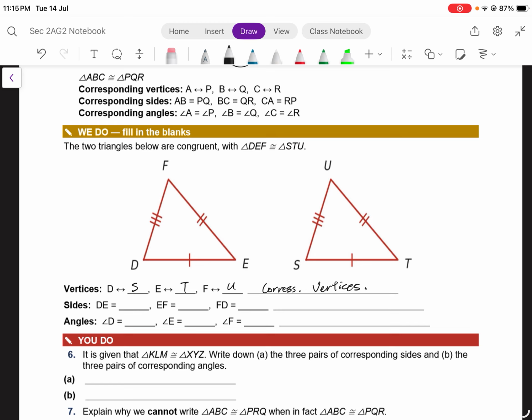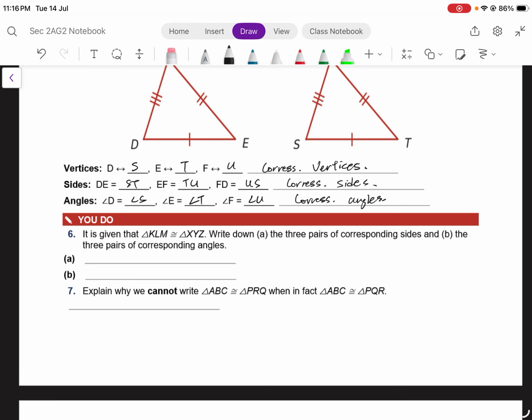Then corresponding sides, DE is to ST, EF is to TU, FD is to US. Corresponding sides. Okay, angles, D is to S, E is to T, F is to U. Corresponding angles.